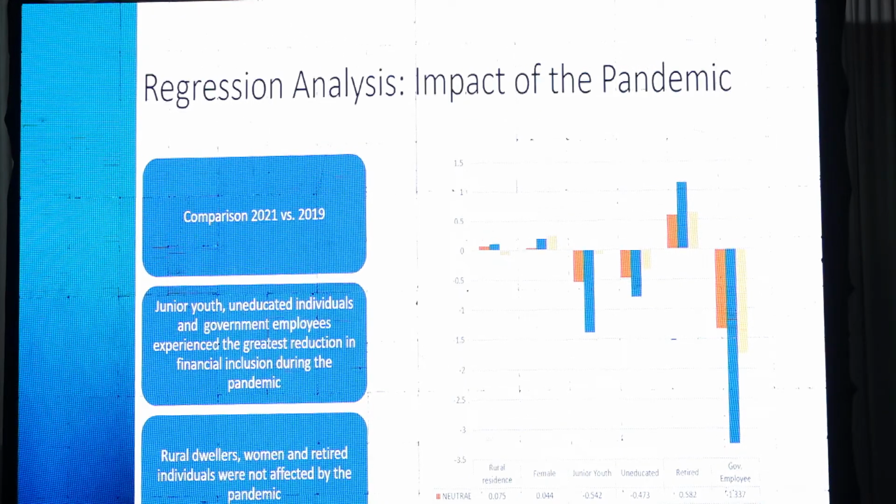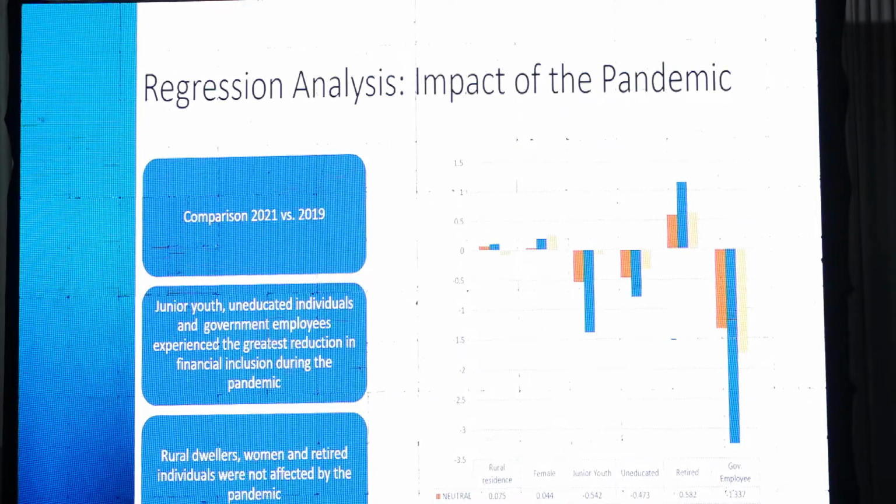Here, the model that we saw before was the base for most of the other analysis that we did. For example, what you see here is a comparison between the financial inclusion of individuals in 2019 versus 2021. Here, we wanted to look at the impact of the pandemic, and so how the indicators changed during 2021.